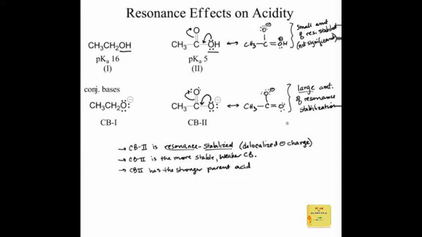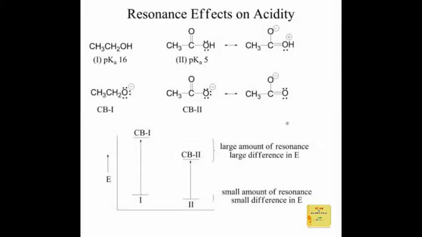And maybe if we take a look at an energy diagram, that pictorially might make a little more sense. So we said that the stabilization of this parent acid was small, and the stabilization of the conjugate base was large. When we compare the parent acids, 1 and 2, we might find that there is, in fact, a small difference in stabilization because 2 does have a small amount of resonance.